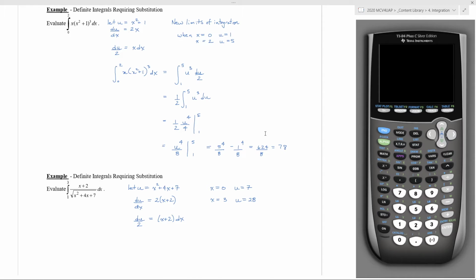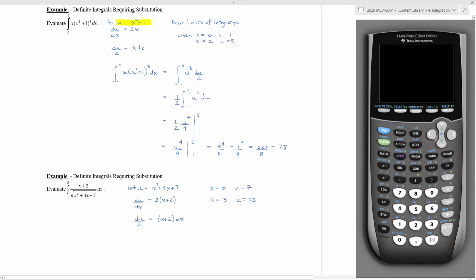And my new limits of integration using my definition of u here become 1 and 5 rather than 0 and 2. And so that integral becomes the integral from 1 to 5 of u cubed times du over 2.